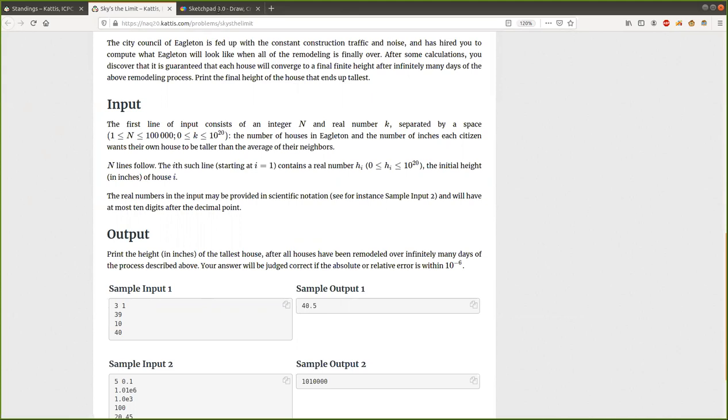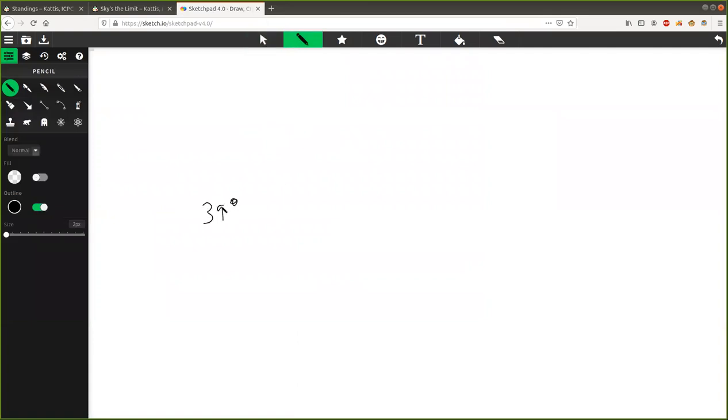So like, let's say we have these houses. We have 39, 10, and 40. The first and last houses will always stay the same because they don't have a house on their other side.